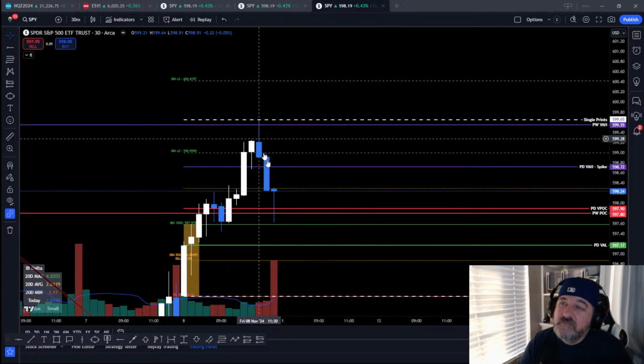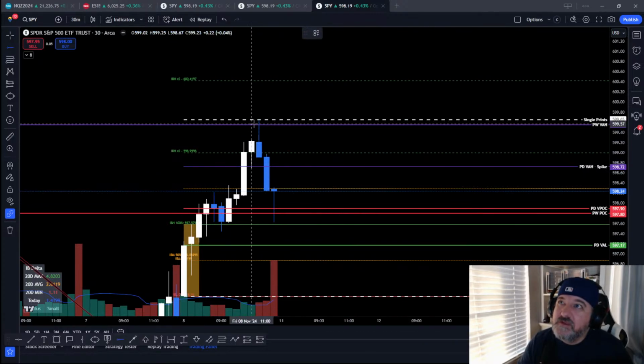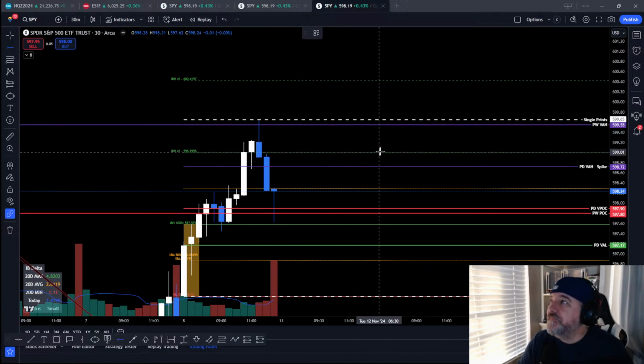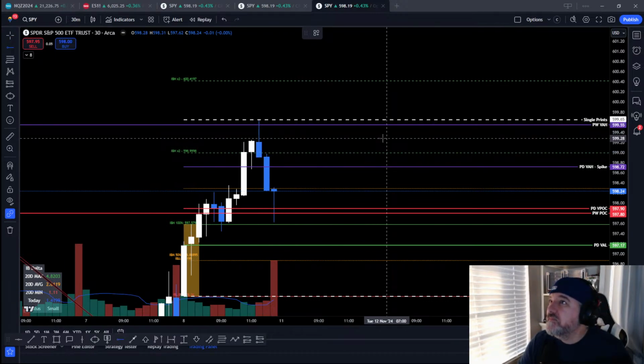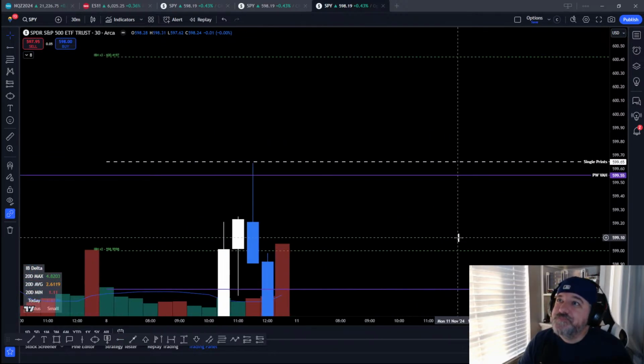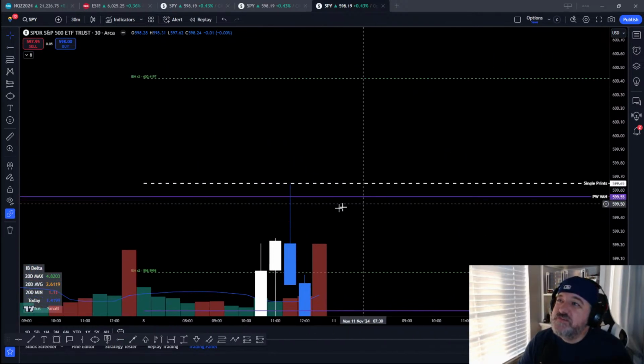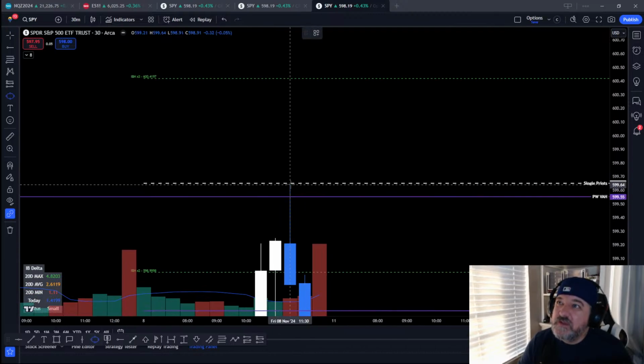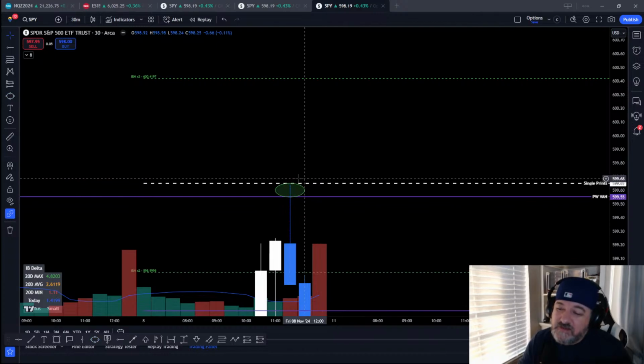Let's just say I have this level here, this white line. Or actually, we'll use real lines that are already here. Let's just say the price difference between the white line and this purple line is significant, like 50 cents or 75 cents on SPY.